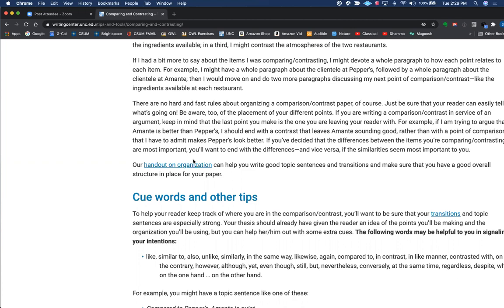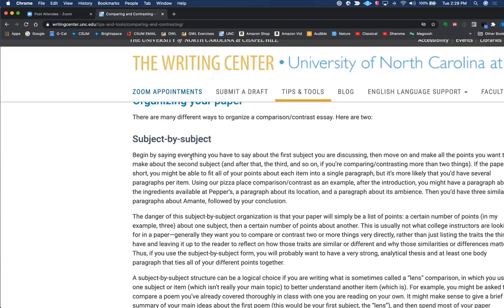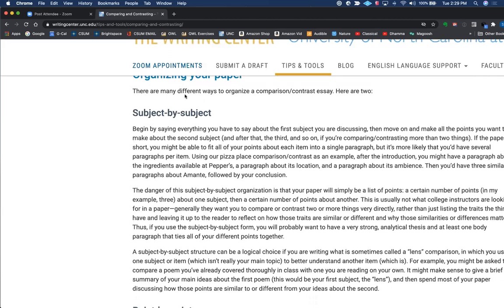You can do it either way, but typically with complex issues, I think having that balanced approach of figuring out how you can talk about a particular subject, the similarities and the differences, and then transitioning into a different subject, and the similarities and differences, is probably your more useful and nuanced argument.